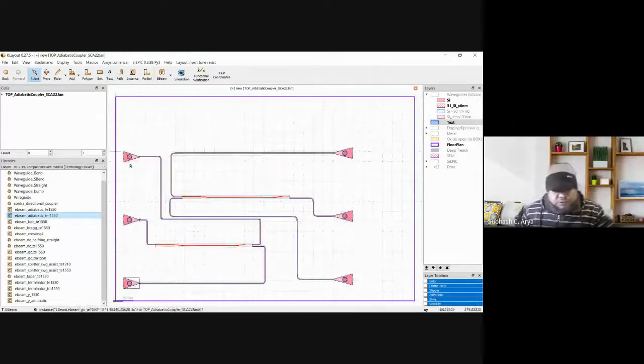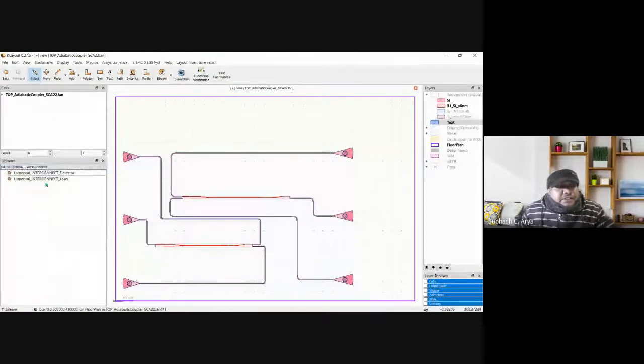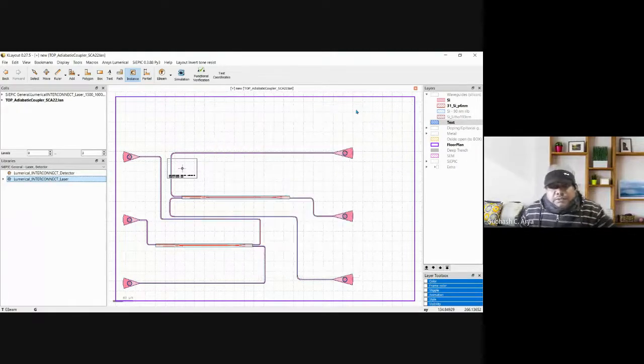And after that, I have to put lasers and photodetectors. So this is the library, and here this is laser. I will put laser here. So for laser, this will be here.